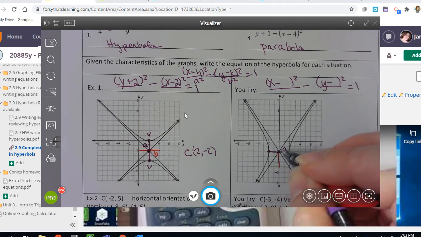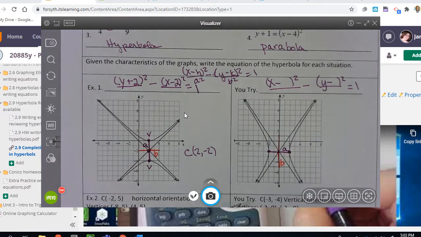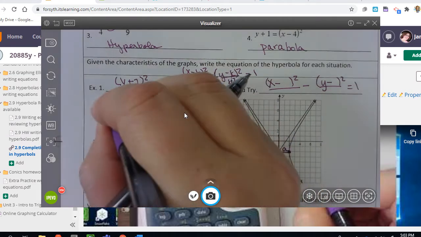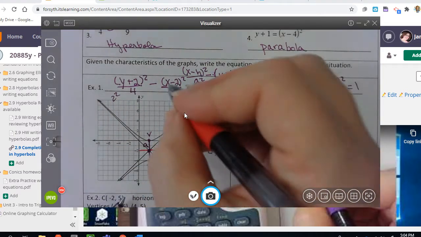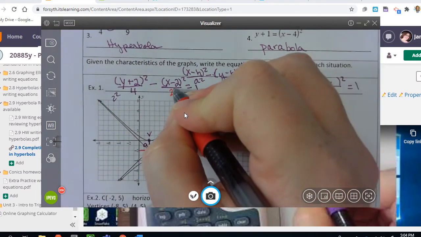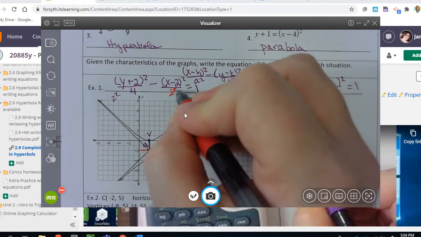Half of this conjugate axis is the B value, which tells you what goes underneath. So this A is 2, so 2 squared is 4. This B is 2, so 2 squared is 4.